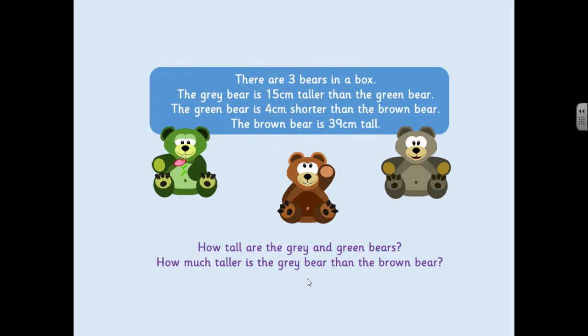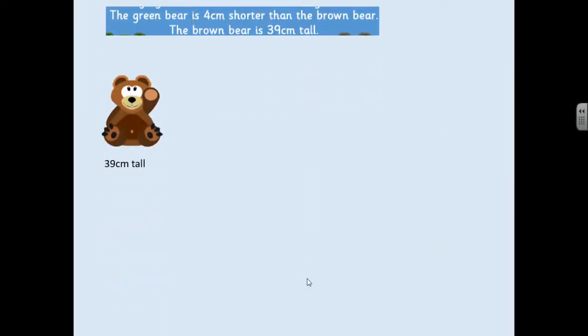So what we're going to do is pick the main information and work it through. The main information is over here, the brown bear is 39 centimeters tall, and it's saying that the green bear is 4 centimeters shorter than the brown bear.